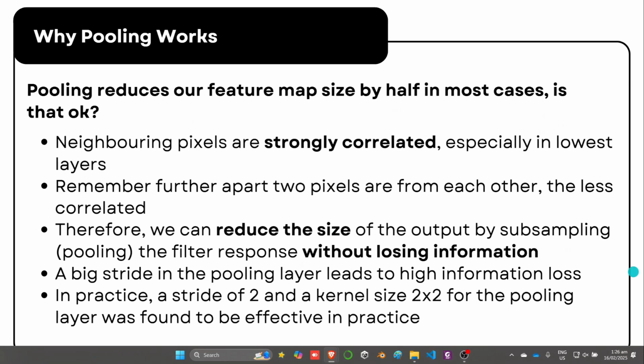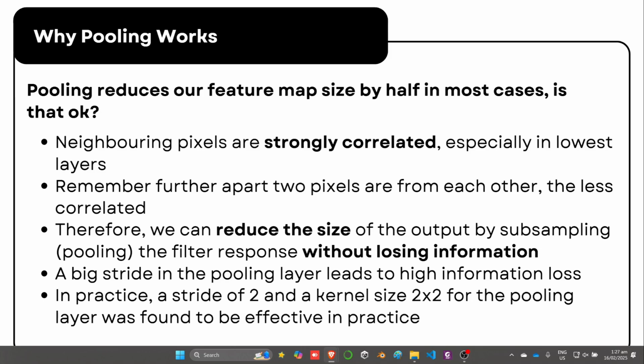So why does max pooling work? Well, as we saw, the purpose of using max pooling is to reduce the feature map size by half in most cases. And when I say half, that's when we're using the 2 by 2 and a stride of 2. Is that okay?